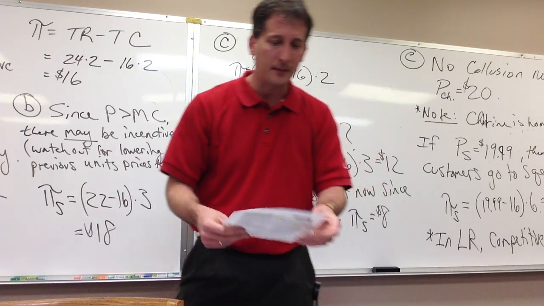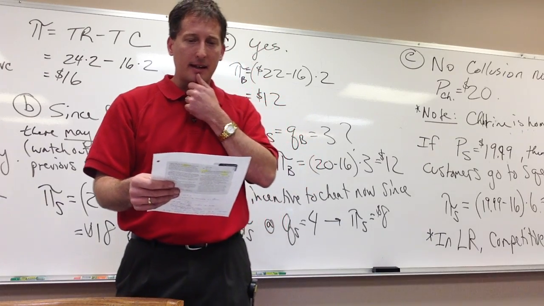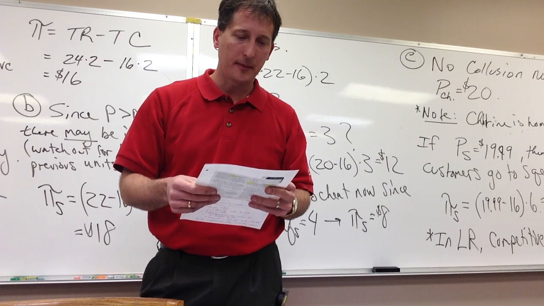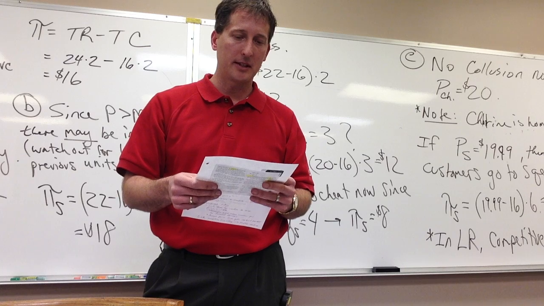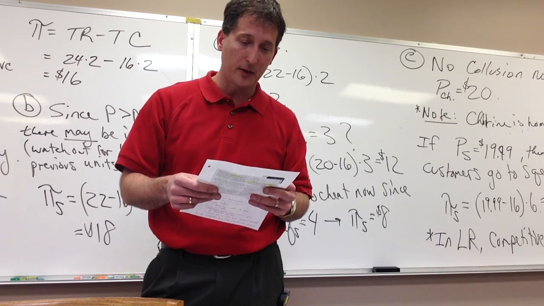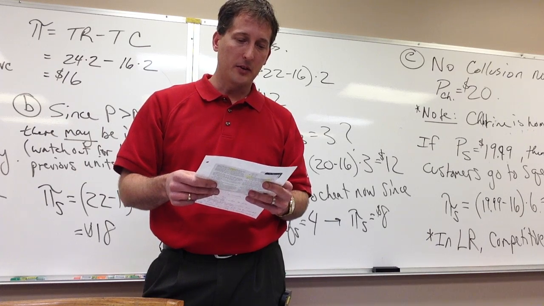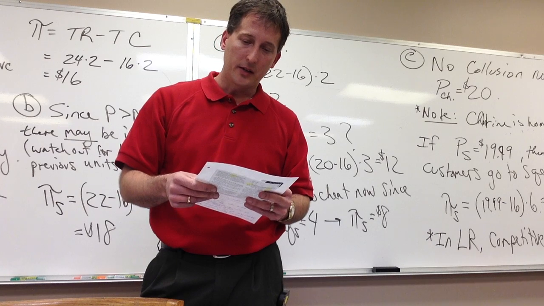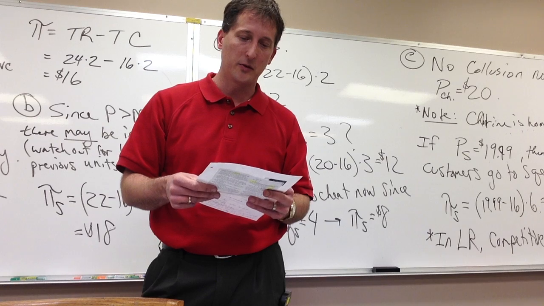So, 11.2. Oil Pro and Grease Tech are the only two firms who provide oil changes in a local market in a Cournot duopoly. The oil changes performed by the two firms are identical, and consumers are indifferent about which firm they purchase an oil change from. The market inverse demand curve for oil changes is 100 minus 2Q, where Q is the total number of oil changes in thousands produced by the two firms.